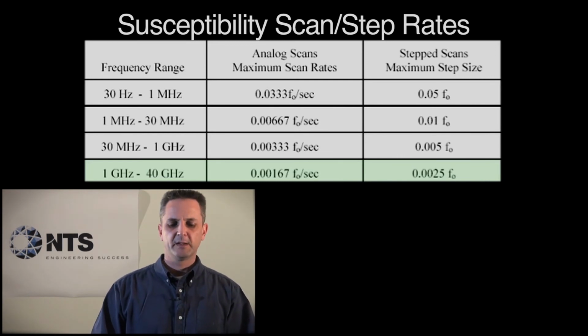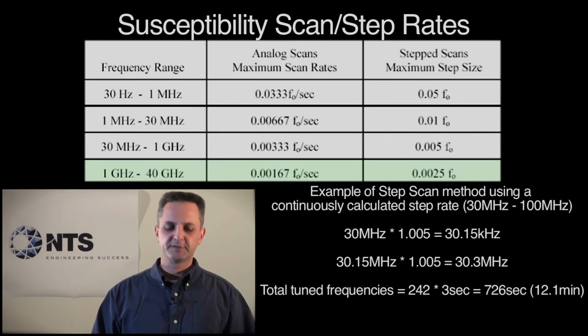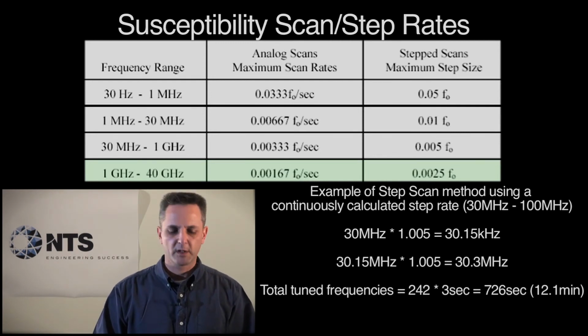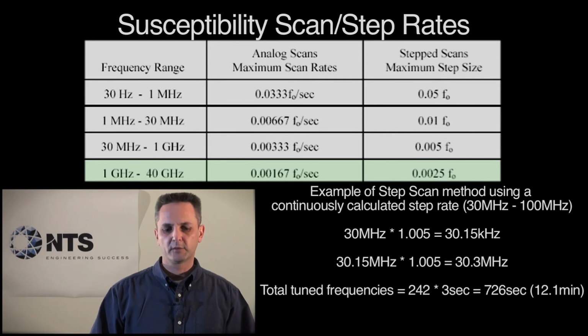Using the step scan method, a continuously calculated step rate, 30 megahertz to 100 megahertz, using the 30 megahertz as your initial F0 multiplied by 1.005 gives you a step increment of 30.15 megahertz.